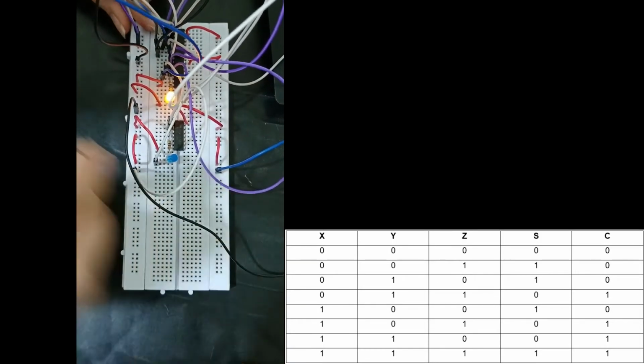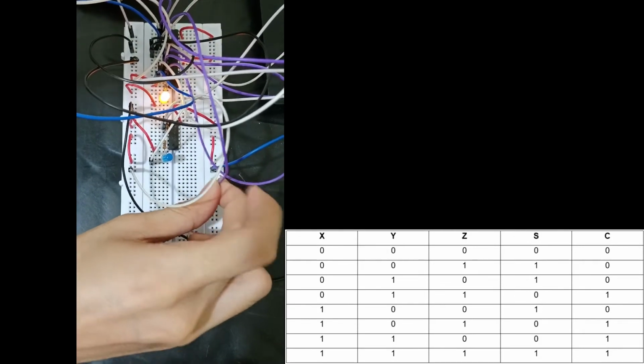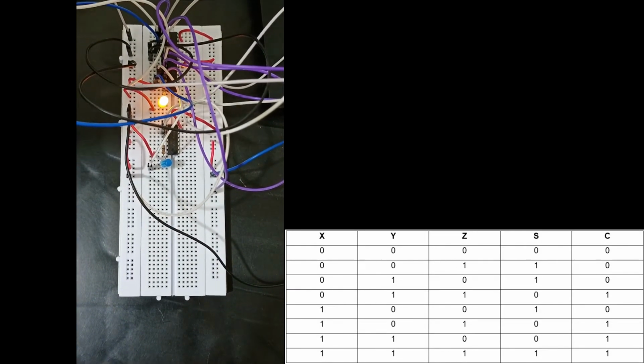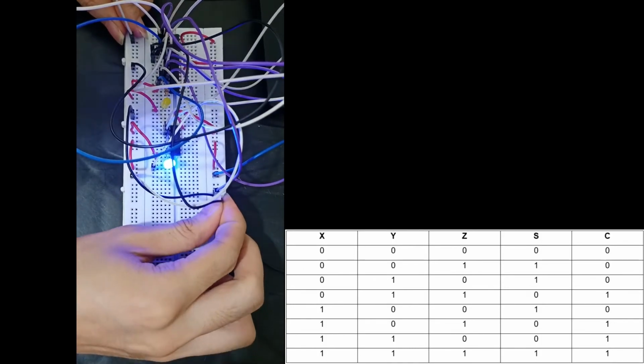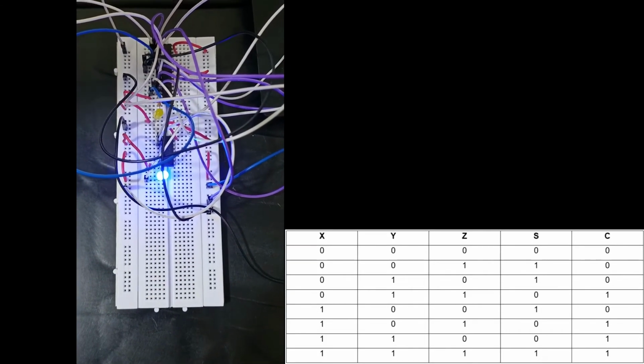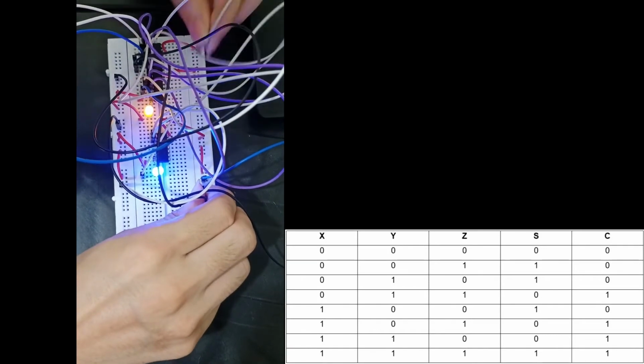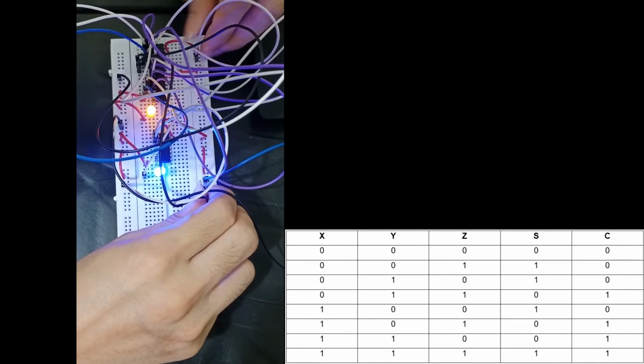If inputs are 0, 1, and 0, the output S will be on and C is off. For inputs 0, 1, and 1, the output will be 0 and 1. For inputs 1, 0, and 0, the output will be 1 and 0.